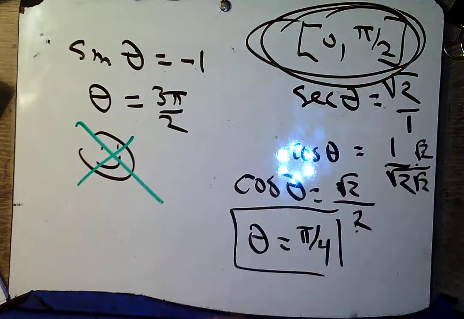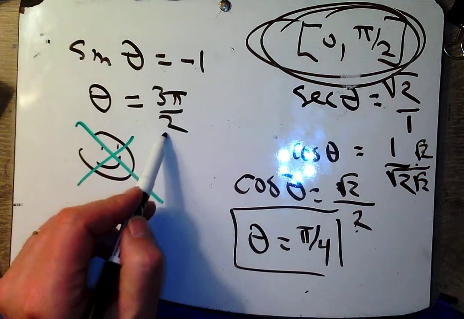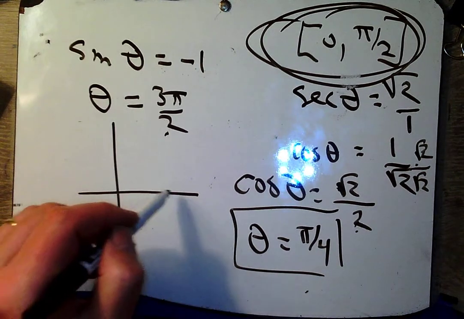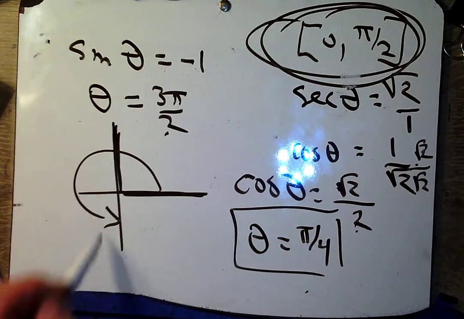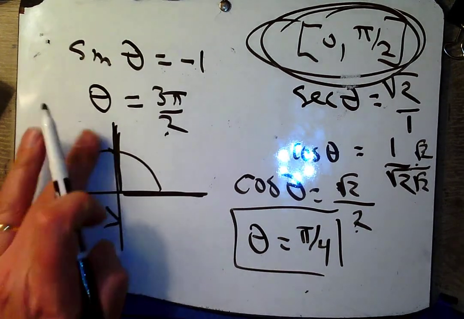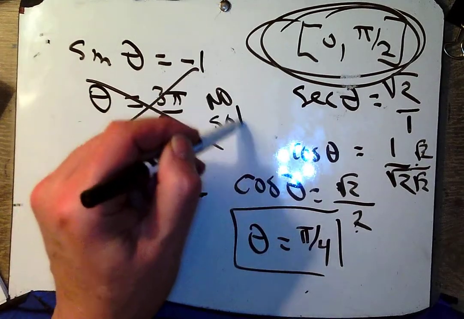Because we have this restriction. We're only looking in first quadrant. This is way bigger than first quadrant. We are here to here only, but our answer is that angle. No, you can't get past that wall. Sorry, this is no solution.